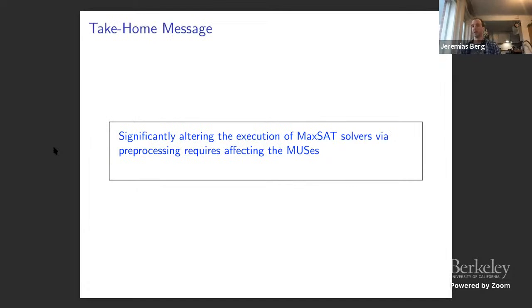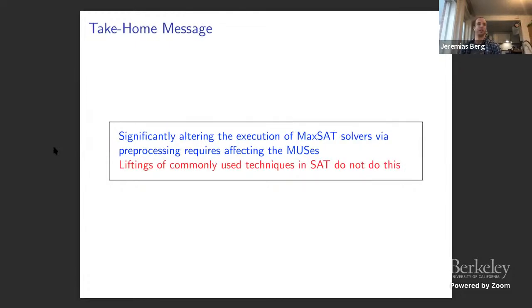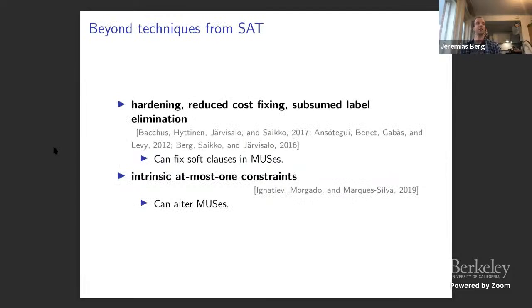So the take-home message for this part is that significantly altering the execution of MaxSAT solvers requires techniques that are able to alter your MUSs. And the liftings of these commonly used techniques in SAT solving do not do this. However, there are heuristics that have been proposed as parts of solvers that actually can change your MUSs.